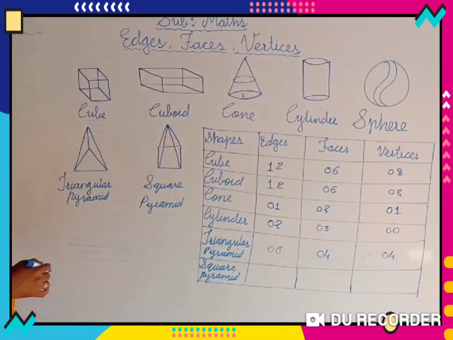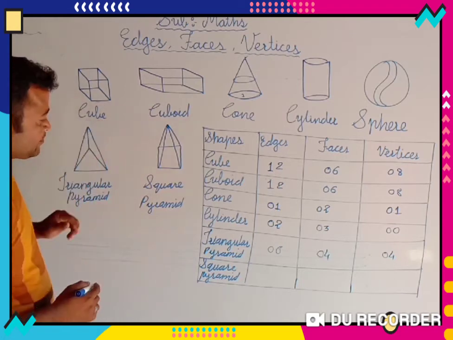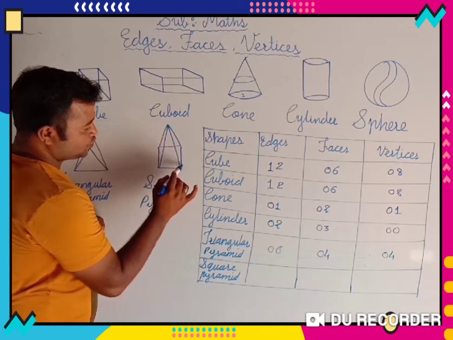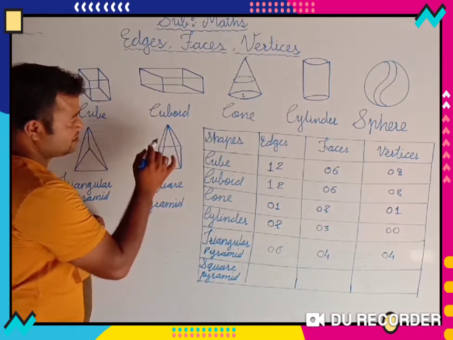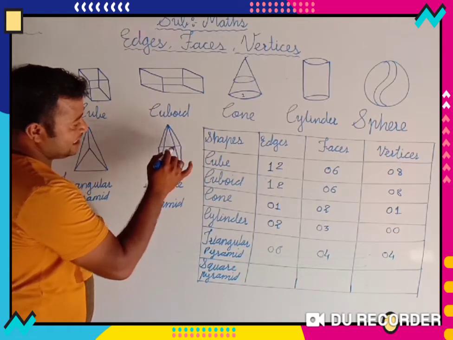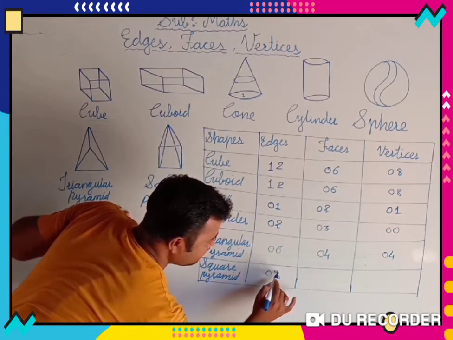Let's count the number of edges, faces and vertices of a square pyramid, right? A square pyramid has edges 1, 2, 3, 4 for the square, right? 5, 6, 7 and 8. So it has 8 edges.